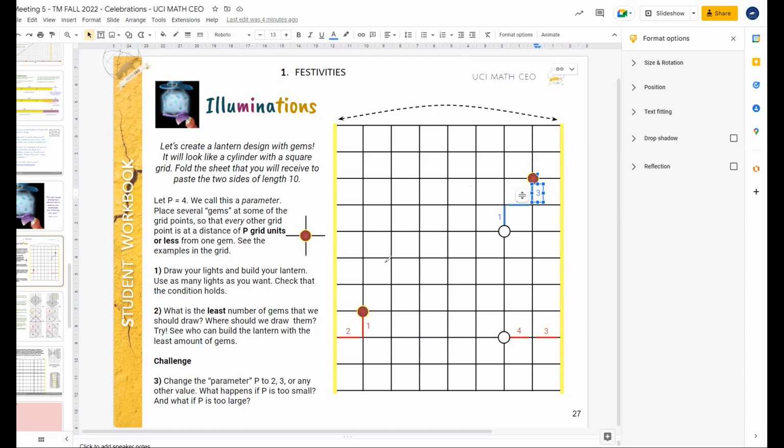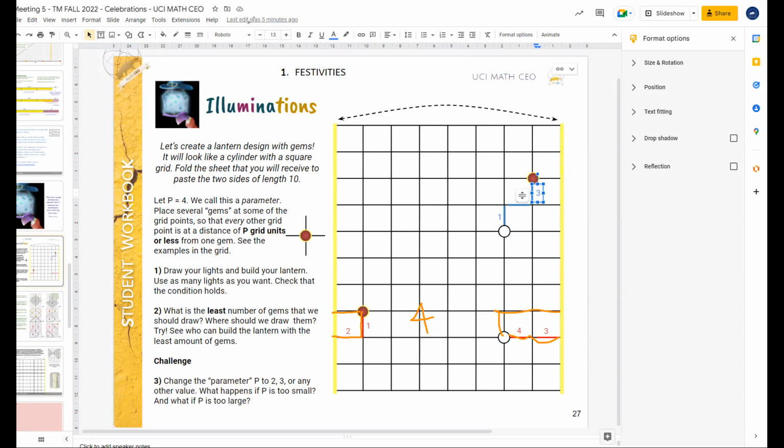They're closer because you can take this route 1, 2, 3, 4, and so the distance between these two points is 4.